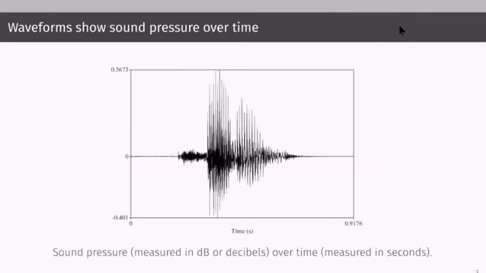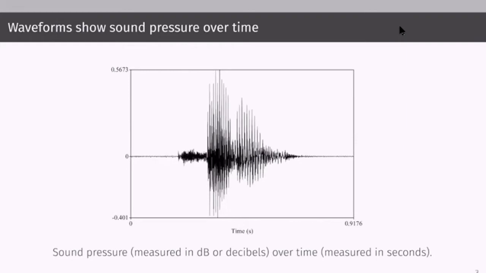So the first thing that we're going to talk about as a representation of speech is a waveform. And what waveforms show is sound pressure over time. So you have sound pressure on the y-axis and time on the x-axis. So that's one very important way of representing speech.